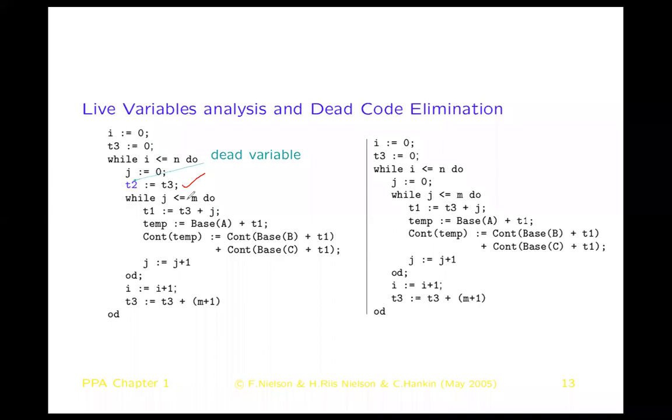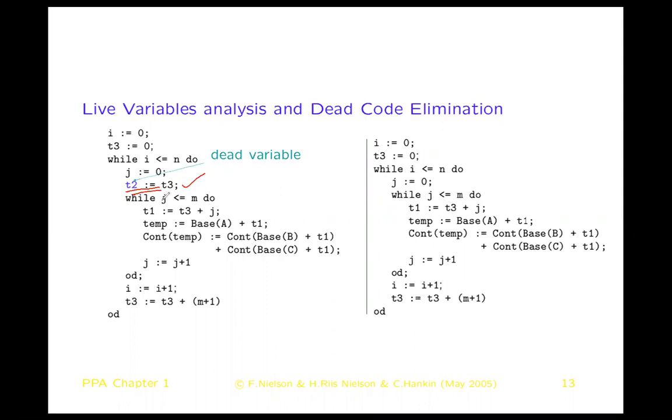If at a particular point in the program a variable is not live, but it is still being defined, then the corresponding statement is dead code because it doesn't serve any purpose. So here this whole assignment statement is dead code because the variable T2 is not live after this point.